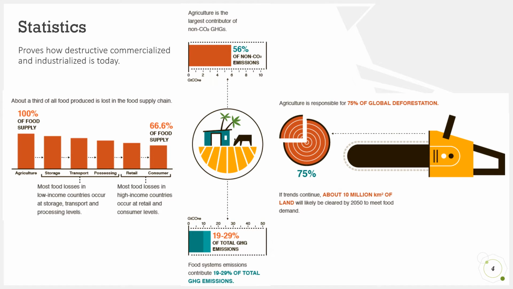Agriculture is also the largest contributor of non-CO2 greenhouse gases, taking about 56% of it. And agriculture is also responsible for 75% of global deforestation. If the trends continue, about 10 million square kilometers of land will likely be cleared by 2050 to meet food demand.